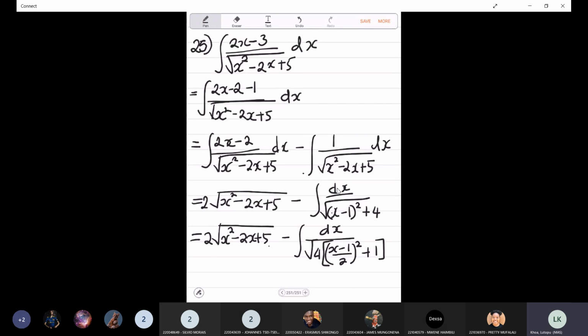The square root of 4, which is 1 over 2, can come outside, but we can see that the derivative of the inside, x minus 1 over 2, is a half. So we need a half in the numerator. Let me not skip too many steps. Just do it on the next page.